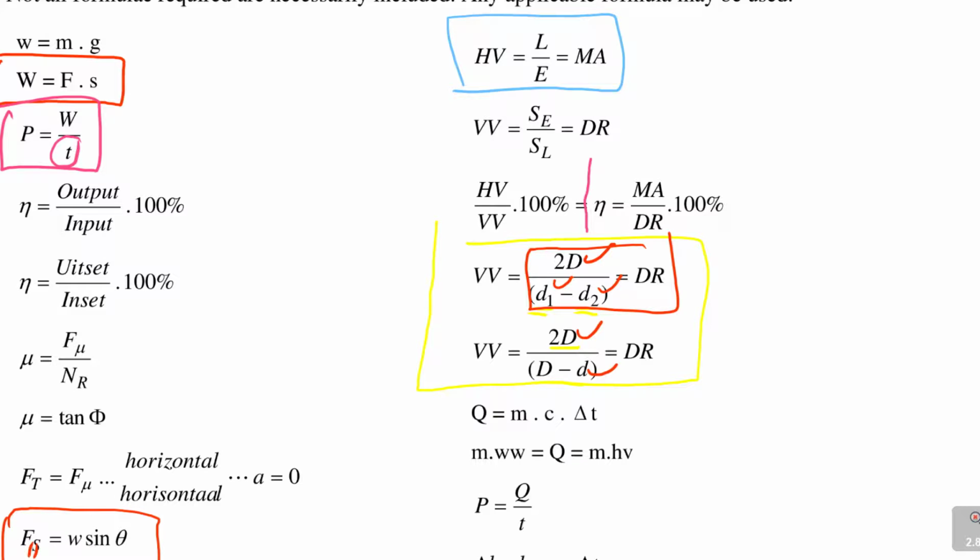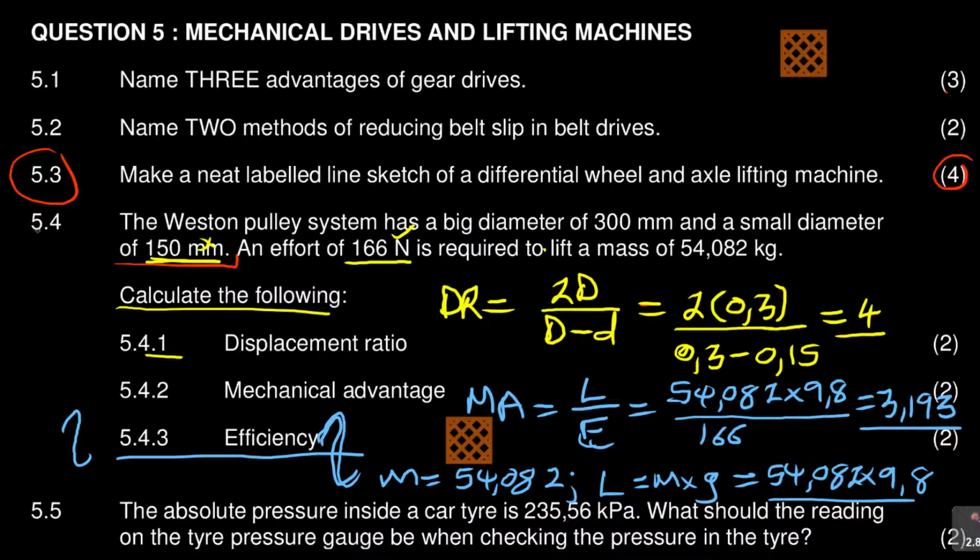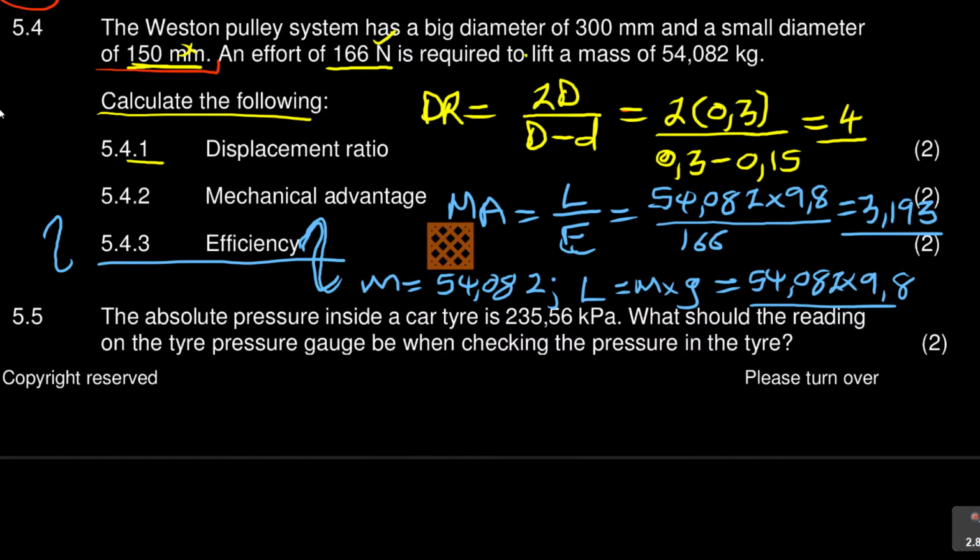See, there is that N. Let's take it from here. N is MA over DR times 100. You see, it is mechanical advantage over displacement ratio times 100. So let's write that. Efficiency is equal to MA over DR times 100, and efficiency is as a percent.